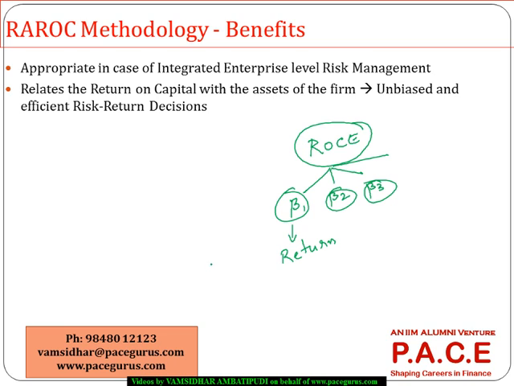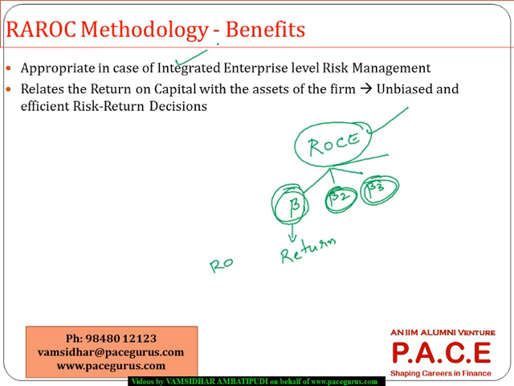So my return on capital overall may be this number, but because each project has a different level of risk, I need to know what should be the returns for each of the projects. That is what I am interested in. I cannot allocate the risk uniformly across all my projects and across all my business units. It is entirely dependent on understanding the risk associated with it.